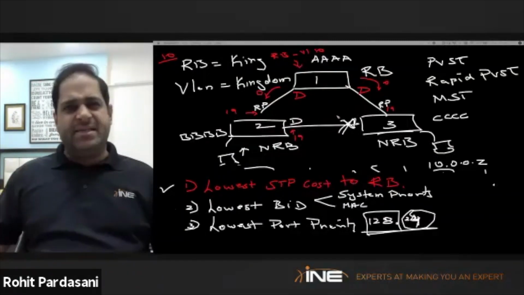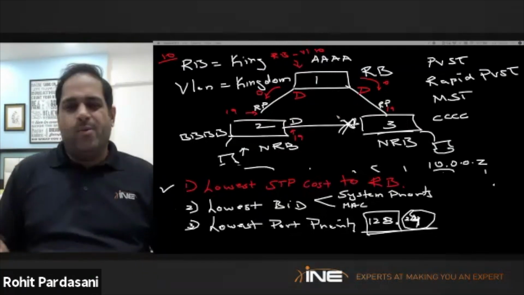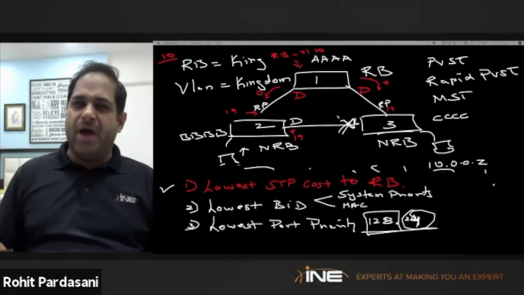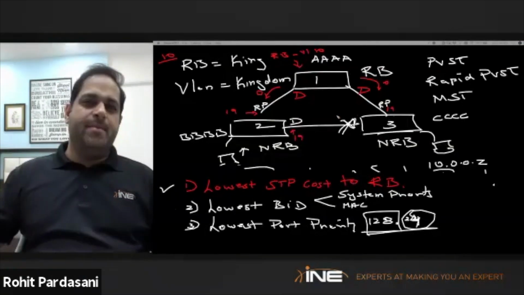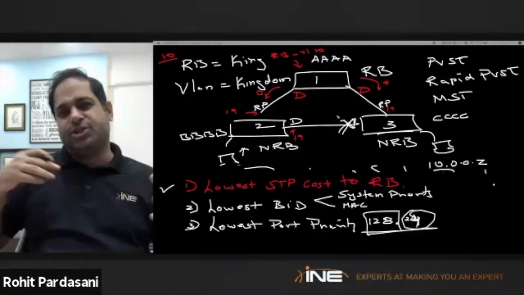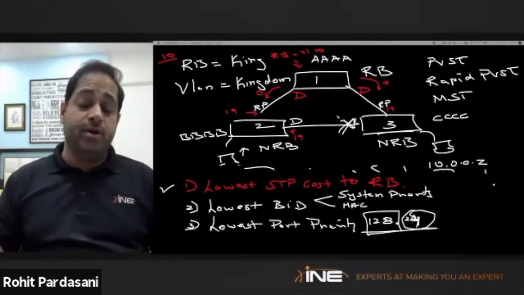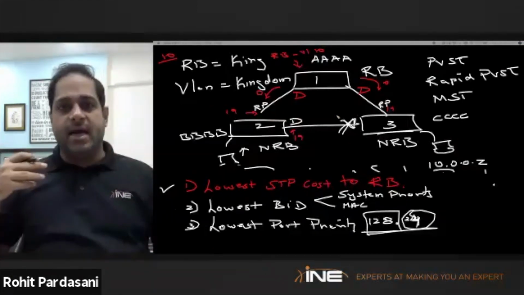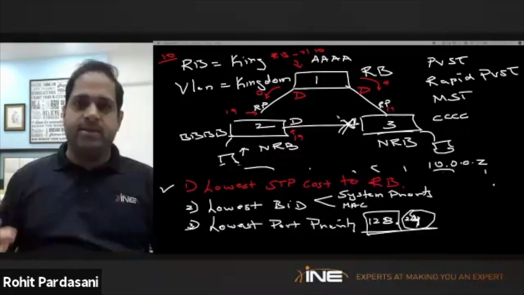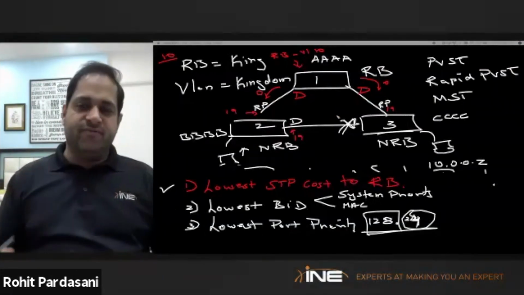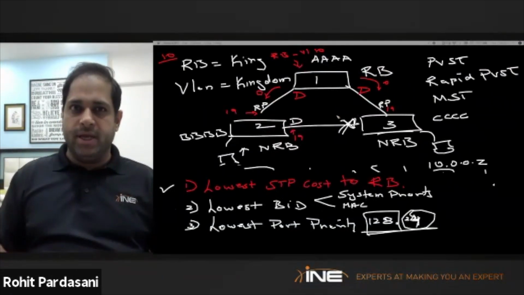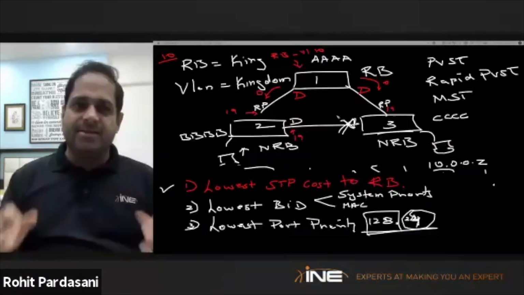So this is basically how it works. Whether it's PVST or rapid PVST or even MST, the selection criteria is still the same. Obviously the port states would be different, but the way it decides the root bridge, or which port goes into forwarding state and which port goes into blocking state, that's still the same.